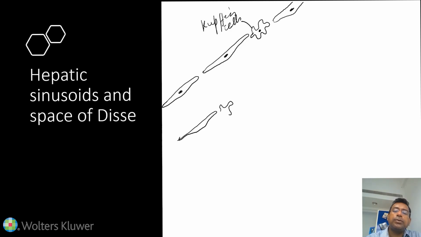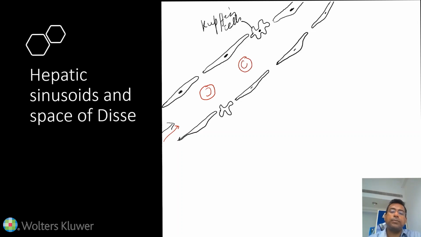That's one more phagocytic cell, the Kupffer cell, and the endothelial cells in the sinusoids. And the blood flows here. I am trying to show the RBCs present in the hepatic sinusoids.